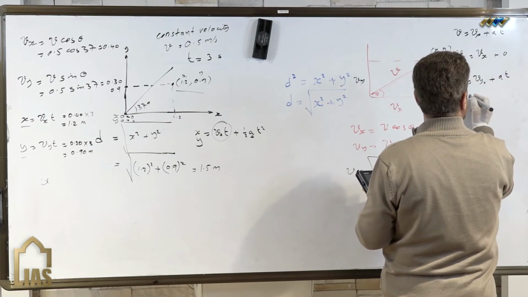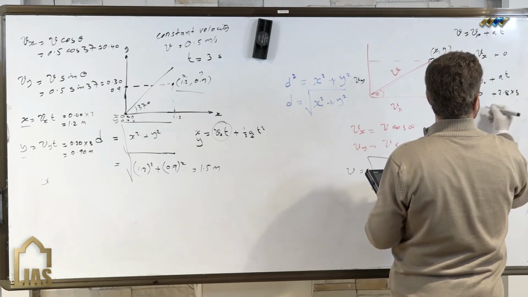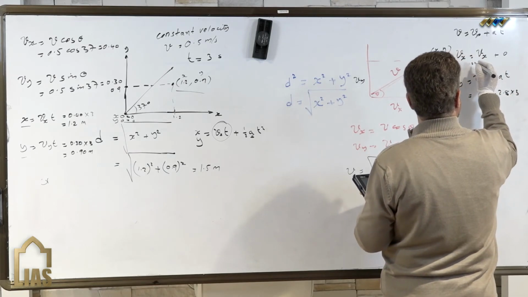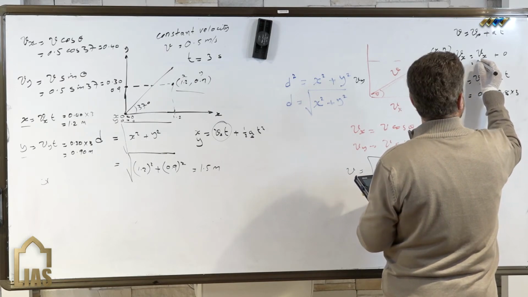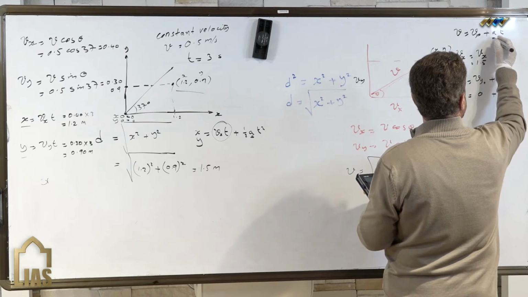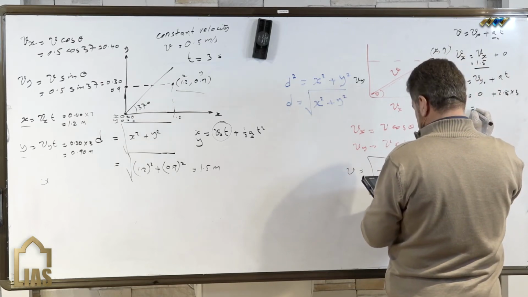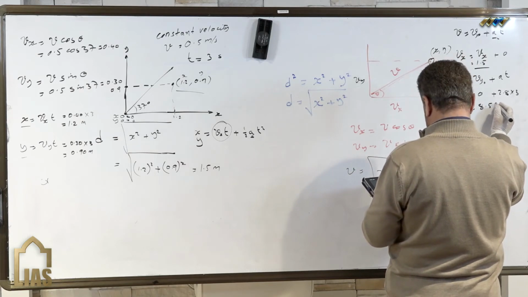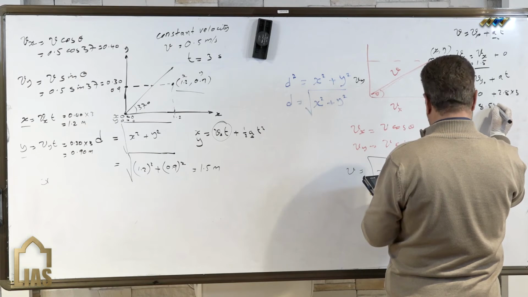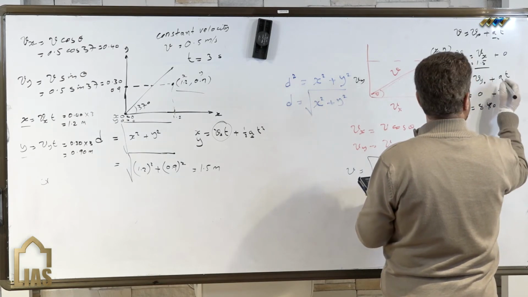We have 0 plus 2.8 times 3 seconds, which gives 8.4, and Vx is 1.5.